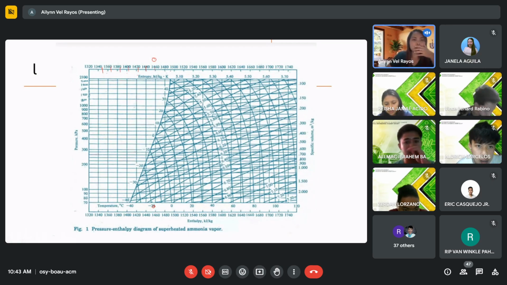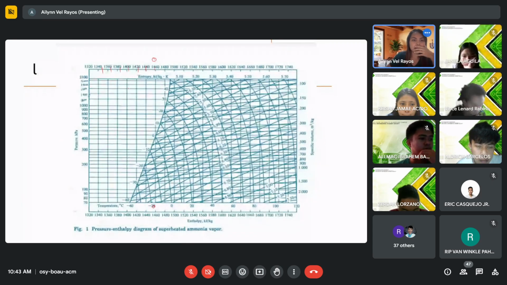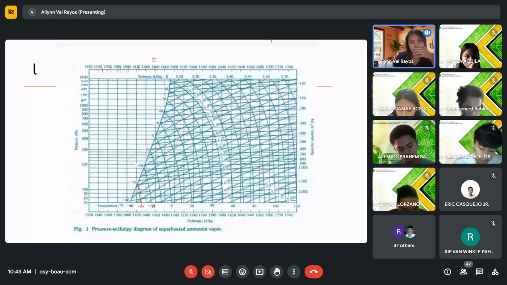Okay. So, ito yung, again, pressure. Itong horizontal. Itong vertical lang is for enthalpy. So, ito, negative 40, negative 30. Itong line na to, temperature yan. Ibig sabihin, pag nag-intersect yan with the pressure, ito yung temperature.